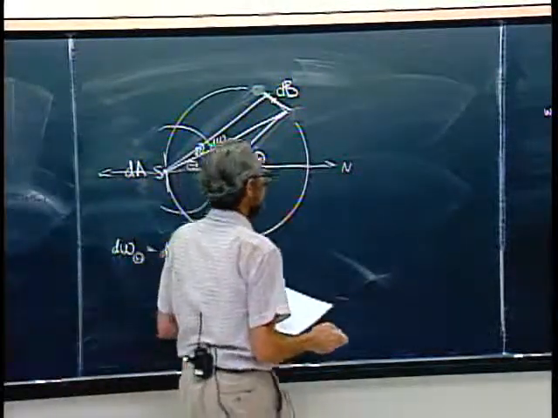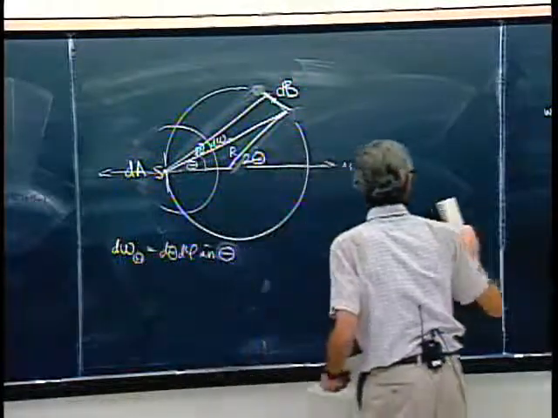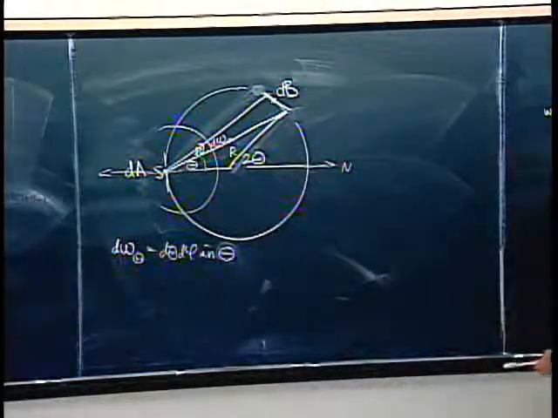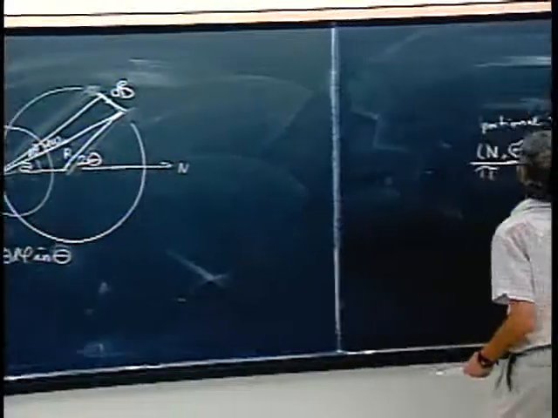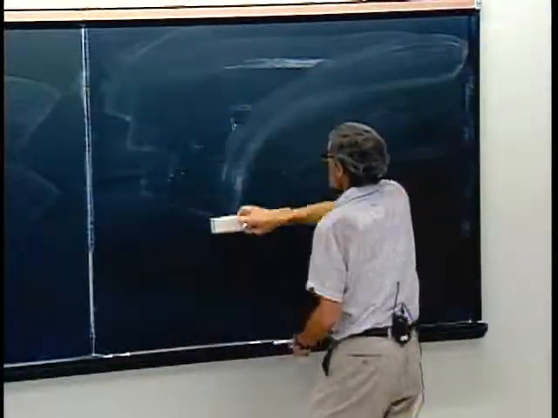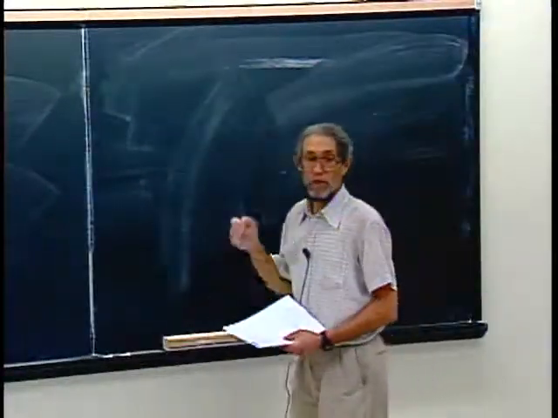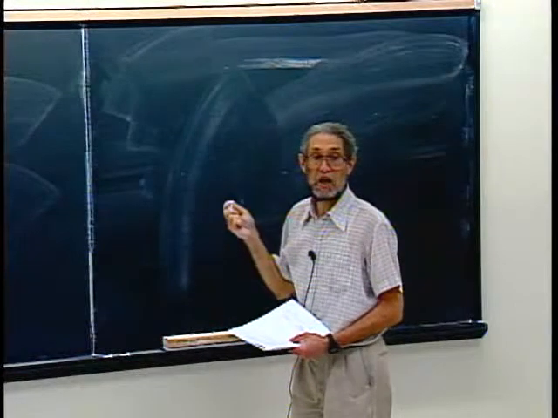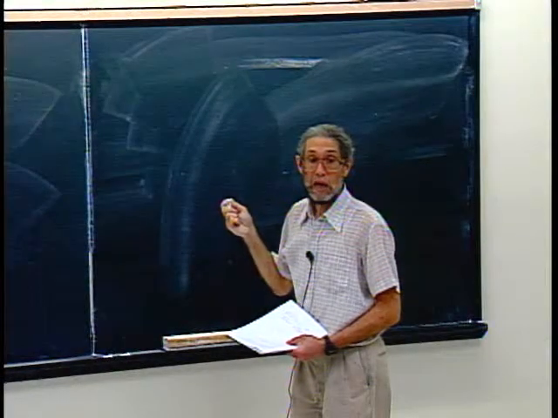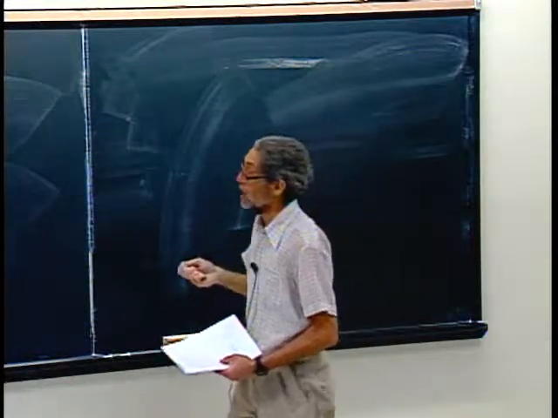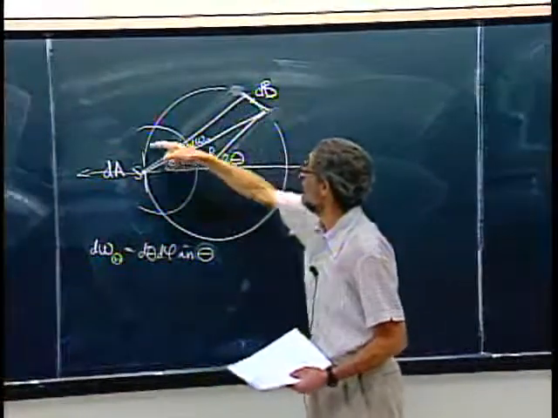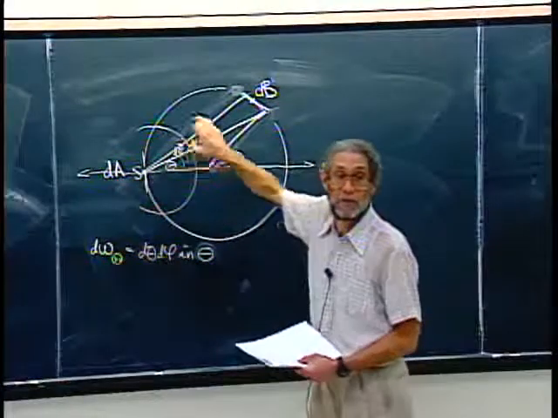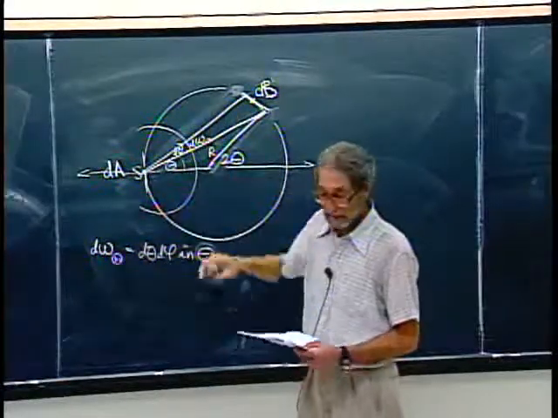Okay, so what I want is to think of my number of lines as a sort of flux, the integrated probability of all the lines that start here and end there. That's going to be my flux from dA to dB.